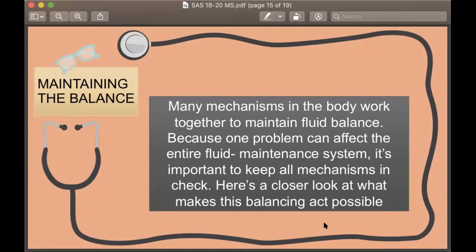So many mechanisms in the body work together to maintain fluid balance. And because one problem can affect the entire fluid maintenance system, it is important to keep all mechanisms in check. So we're going to discuss how we are going to balance this one.